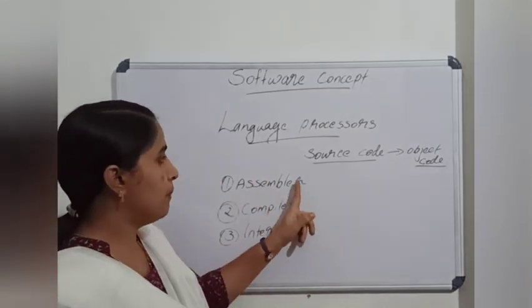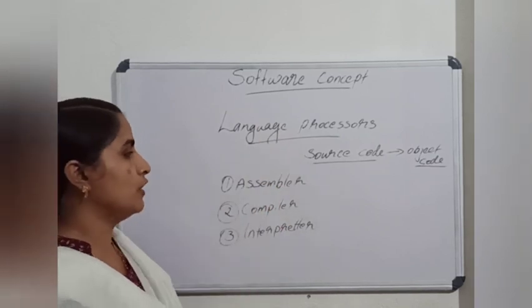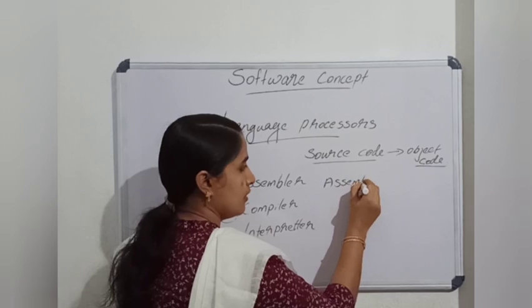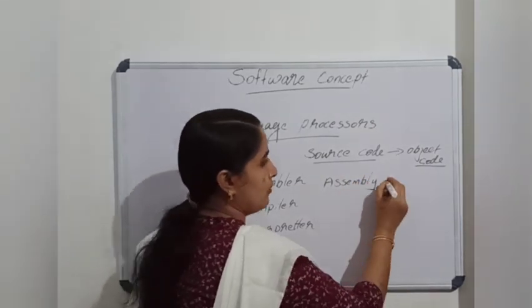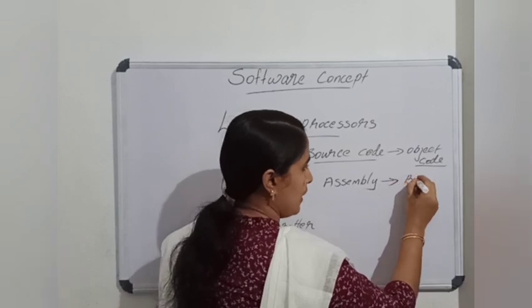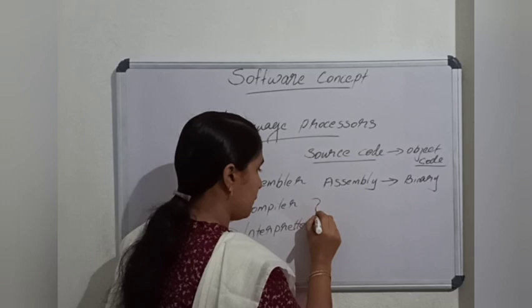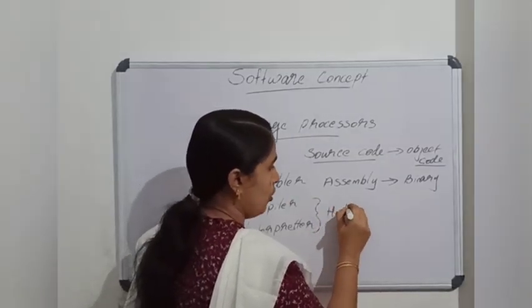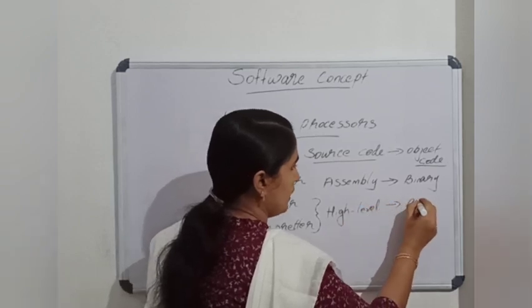So assembler is a language processor which converts an assembly language code to binary language. And compiler and interpreter both convert high level language code to binary language.